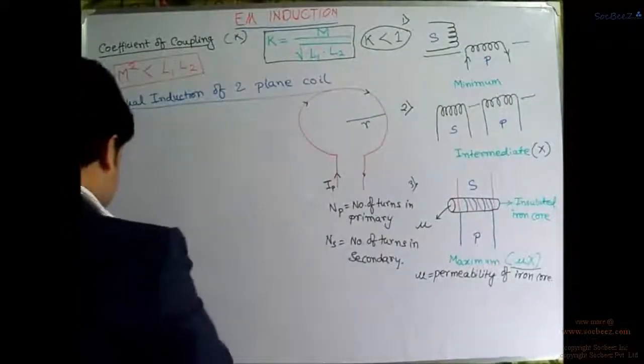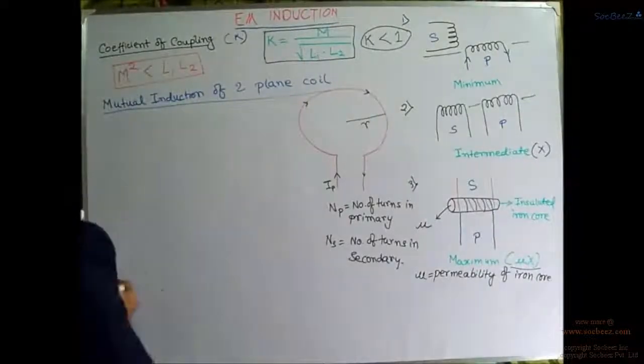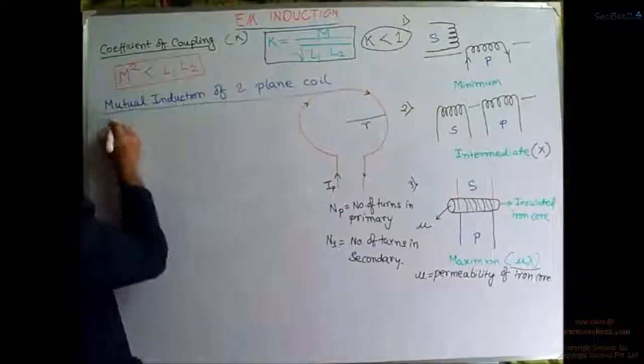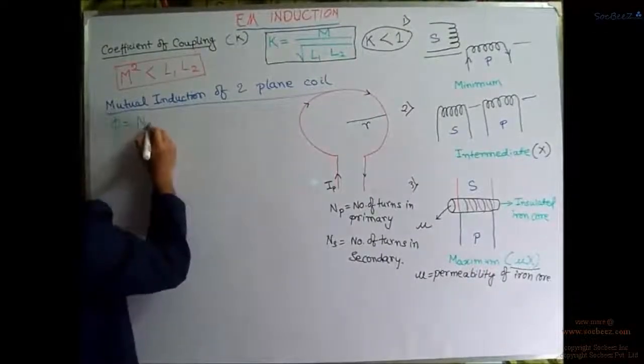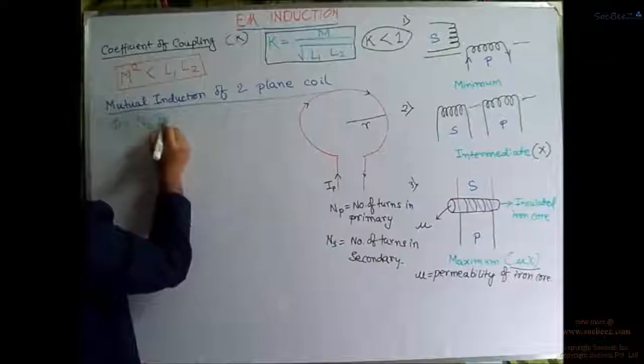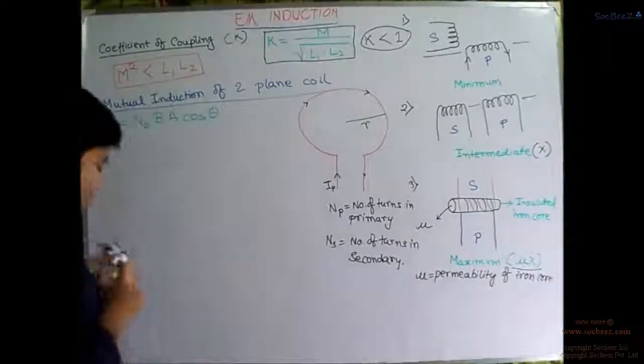So over here we could write phi equals Ns B A cos theta.